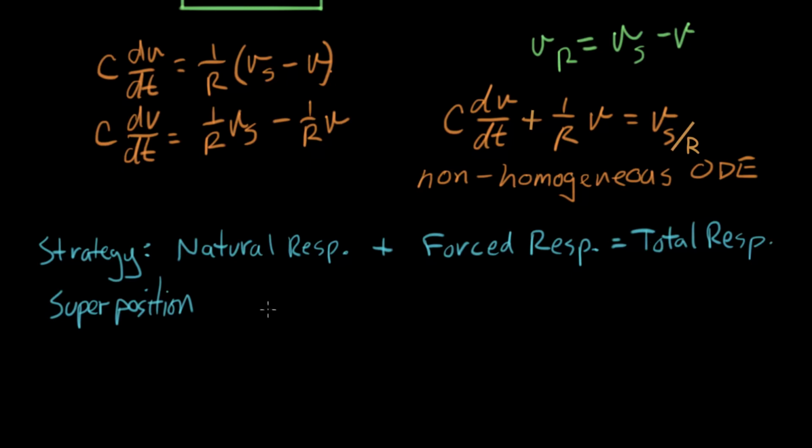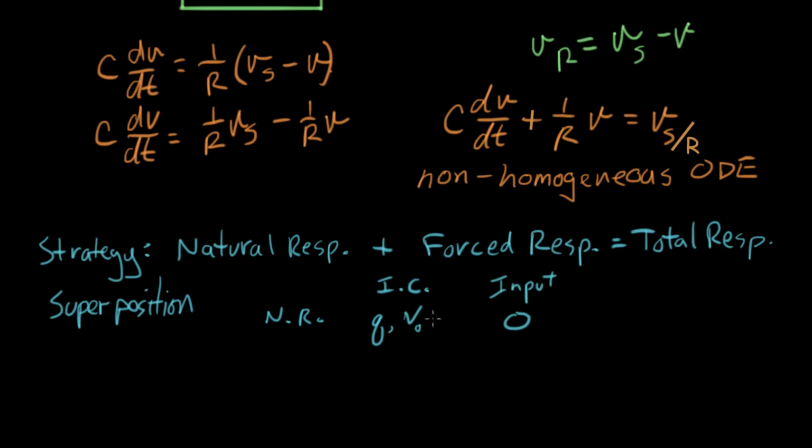So the strategy for the natural response is basically this: for the initial conditions, that's the charge on the capacitor, we'll take whatever we get. We'll take the initial Q and the initial V, V naught. And when we look at the inputs, we'll set the inputs to 0.